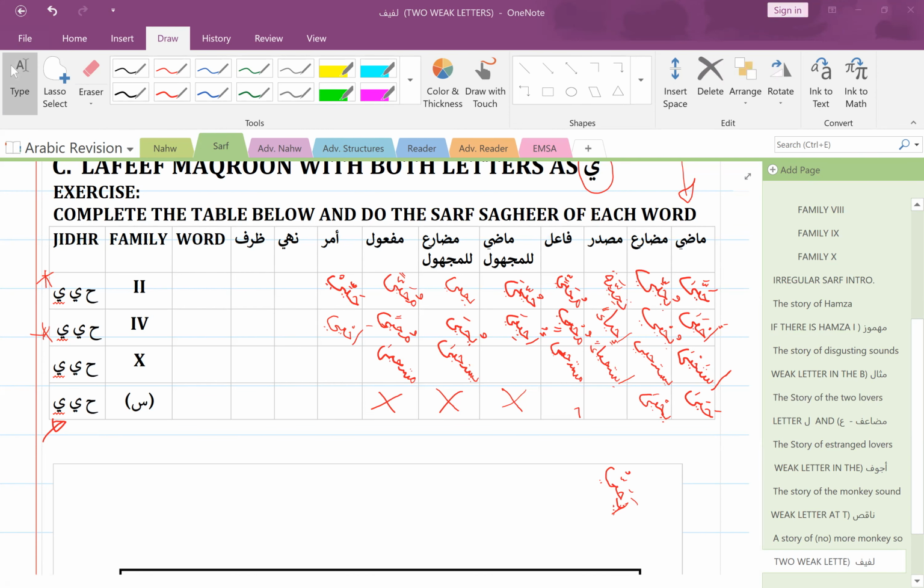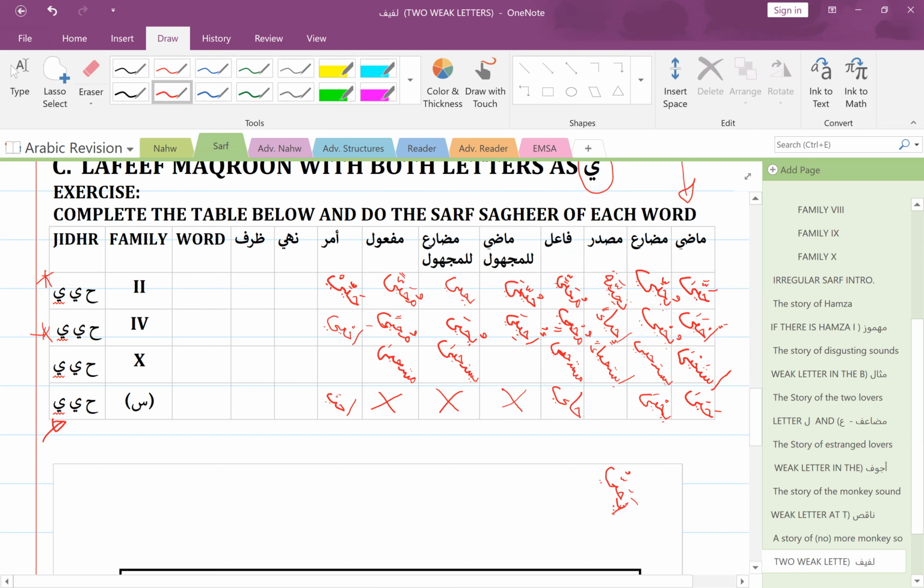It's supposed to be like hadin, so hayin, I think. الأمر منه: حياة يحيى، إحيا. The command is ihya. لا تحيا. وظرف منه محيا.